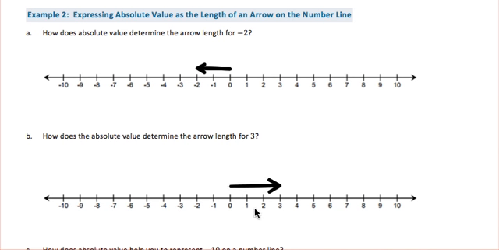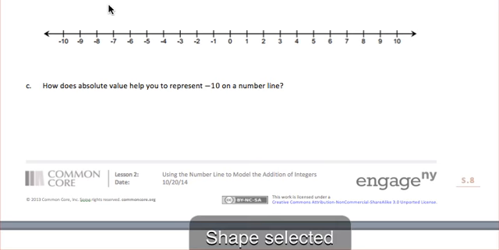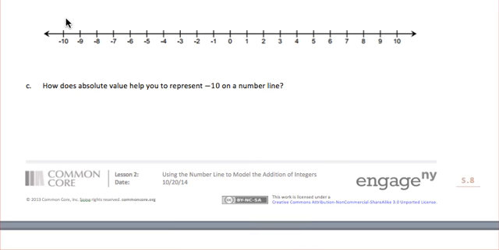And so the arrow length is 3 units. How does absolute value help you to represent -10 on a number line? Well, absolute value tells you how long the arrow needs to be, or the distance from 0 to that number. -10 is 10 units from 0.